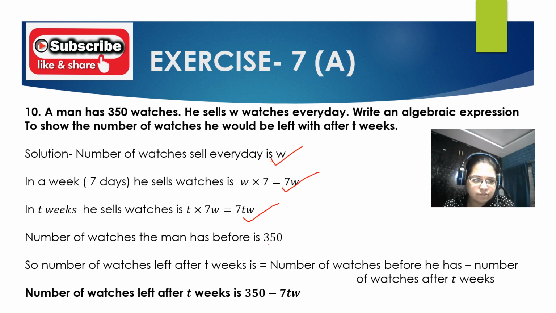So the number of watches left after t weeks is 350 minus 7tW. 350 minus 7tW is the algebraic expression of the number of watches he would be left with after t weeks.